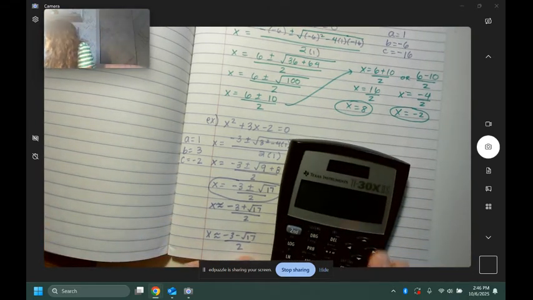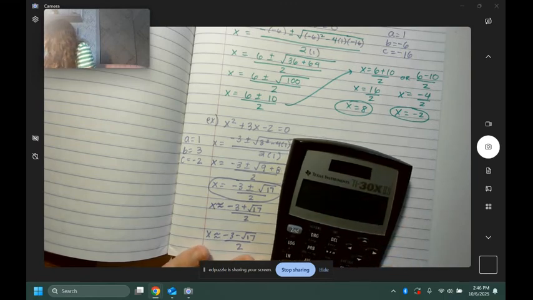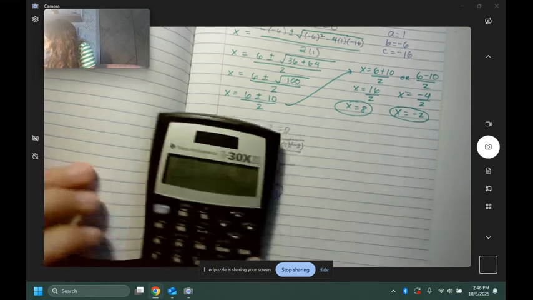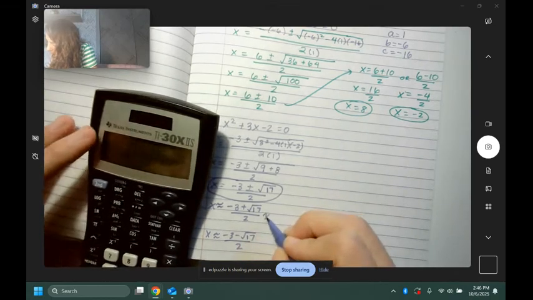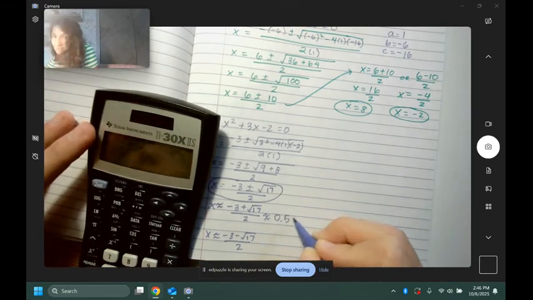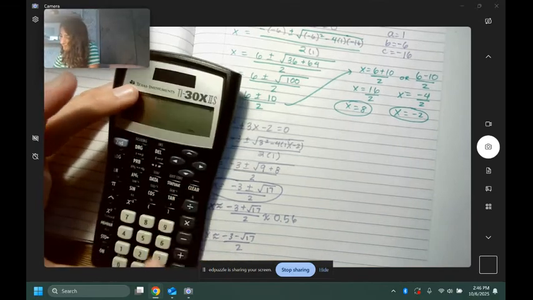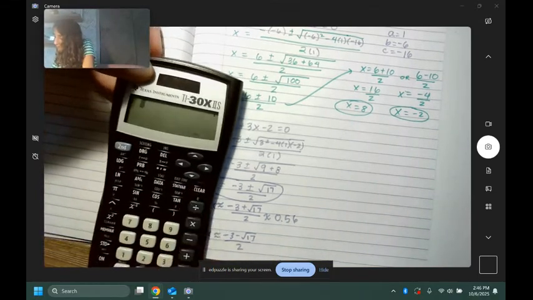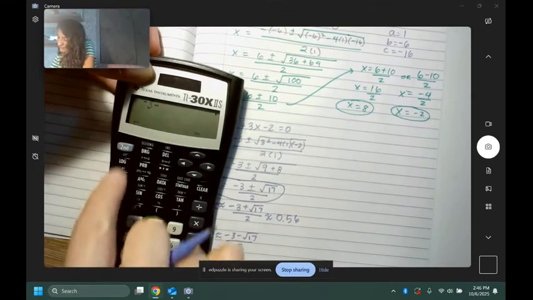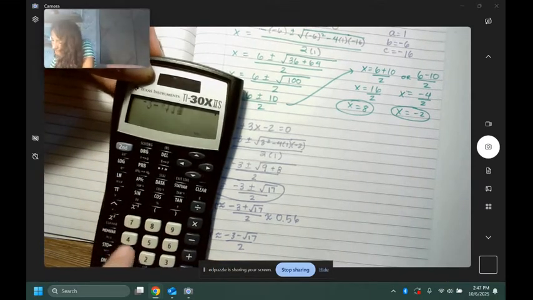Negative 3 plus the square root of 17 divided by 2 is just about 0.56. And then negative 3 minus the square root of 17.